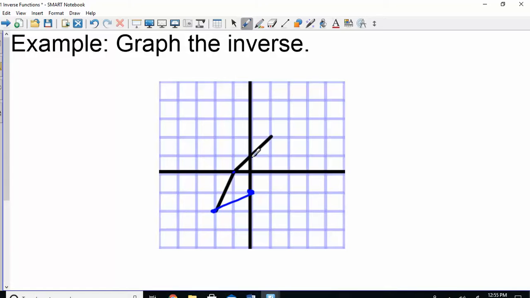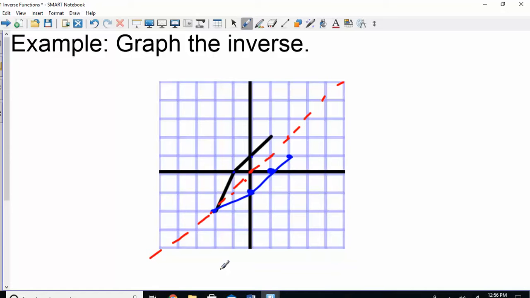I've got 0, 1, so that would go to, I've got 1, 2, so that would go to, think about if you drew the line y equals x, it should go right through the middle of this. So it's symmetric across that. Just a quick check for myself to make sure my graph matches up.